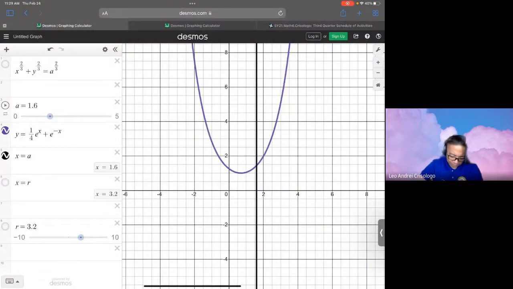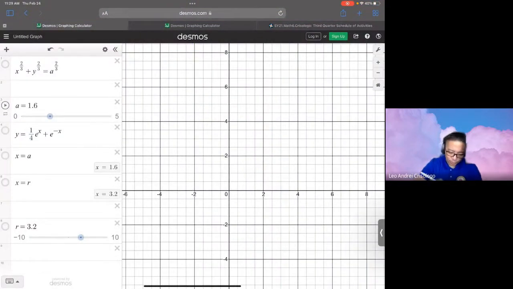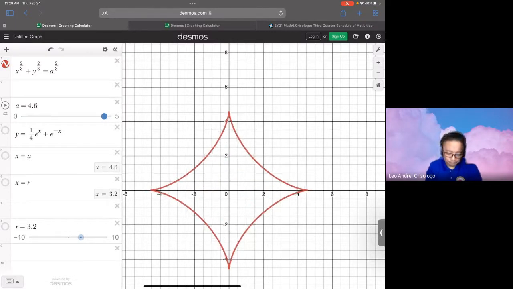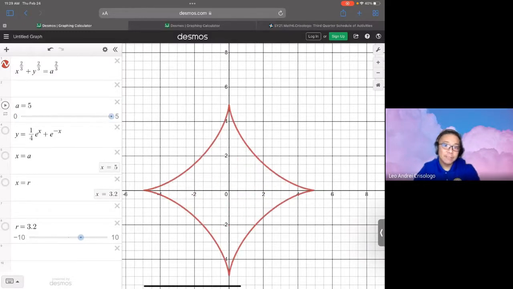I plotted so many here. Okay, so this is the graph of x raised to 2/3 plus y raised to 2/3 equals a raised to 2/3. Of course, we can vary the value of a. So this is a equals 0, you can't see anything, of course. Then a equals 5.